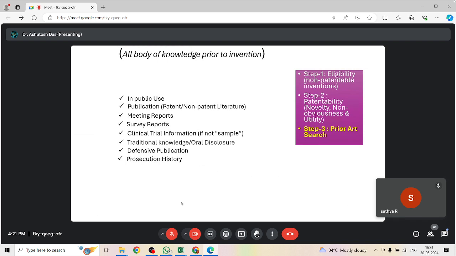Prosecution history means that the patent process has already started. You applied for the patent, and in between there are the examiner's questions and your answers, all the history, everything becomes prior art, which may not be known to everybody outside. For example, before granting, all the process going on between individuals and the patent office, somebody has oppositions, and answering the opposition, all these things are going on.